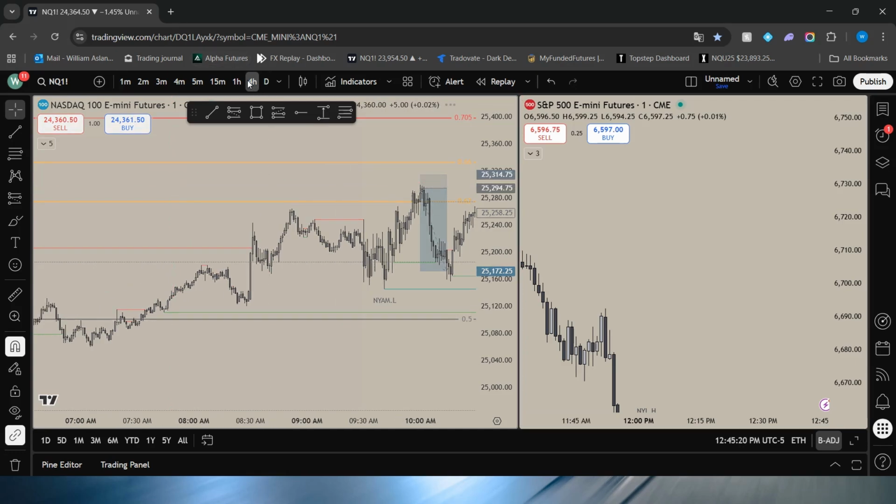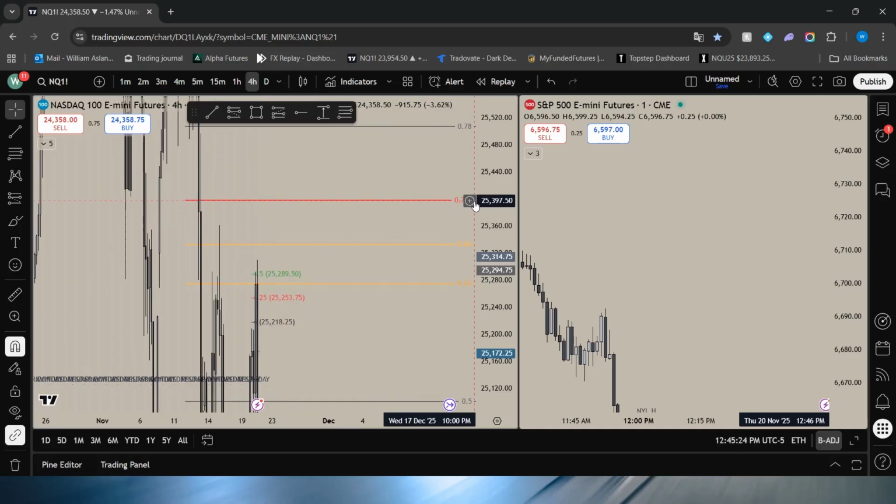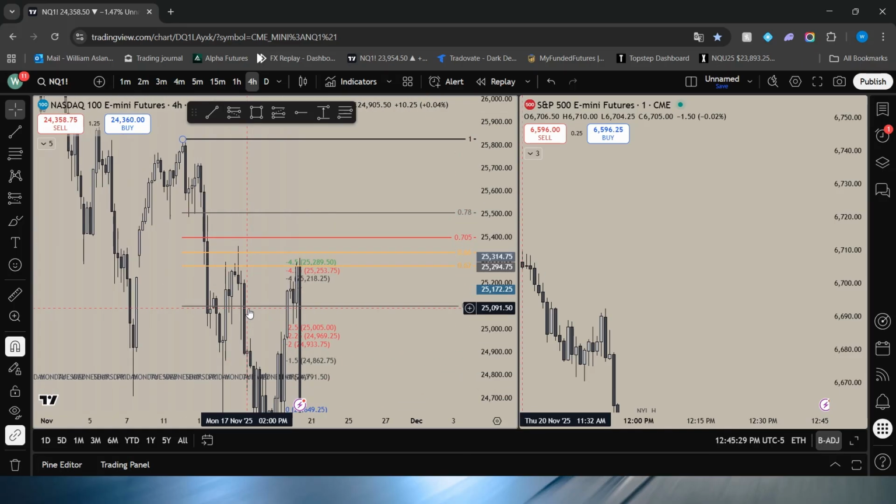Even with this, which is pretty cool, you can actually trade mech, or I guess it's PDI slash mech, you can trade continuations and reversals. Honestly, knowing how to use standard deviations and using confluences of standard deviations, and pairing it with mech or the PDI model, can help with trading reversals.